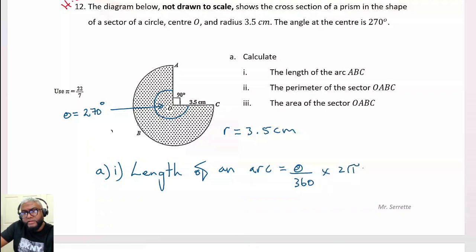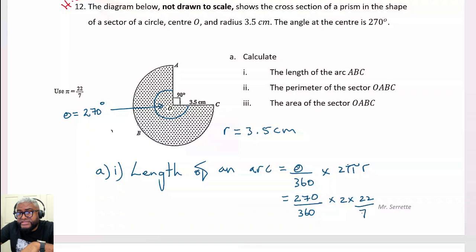Okay, we have all our information here. When you plug it in, theta is 270, not 90. Theta is 270, multiplied by 2, multiplied by 22 over 7, multiplied by my radius of this question, which is 3.5. When we calculate all this together, what would we get here?